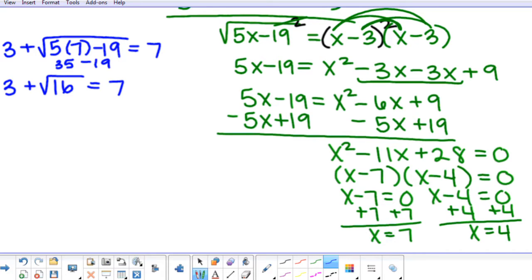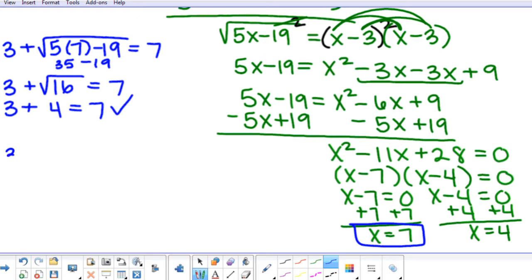I need to take the square root of 16 to give me a 4. And 3 plus 4 is 7. So 7 checks out.